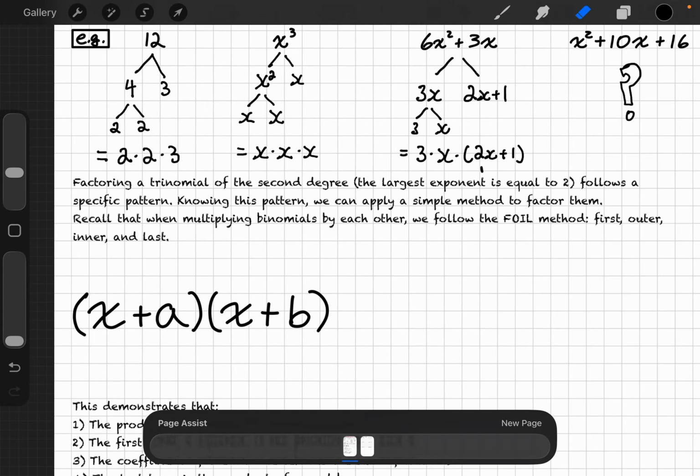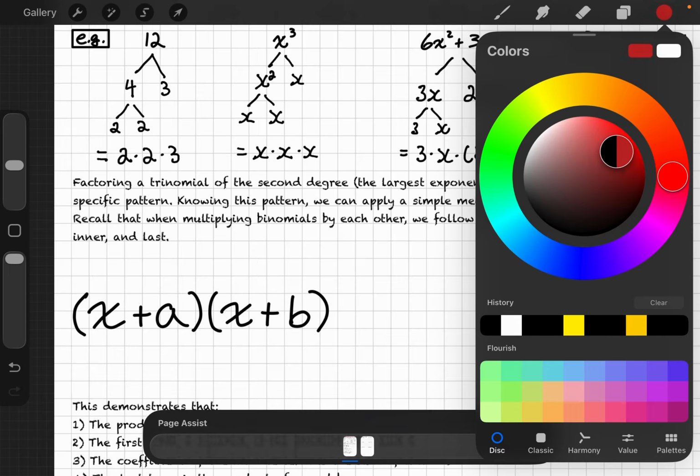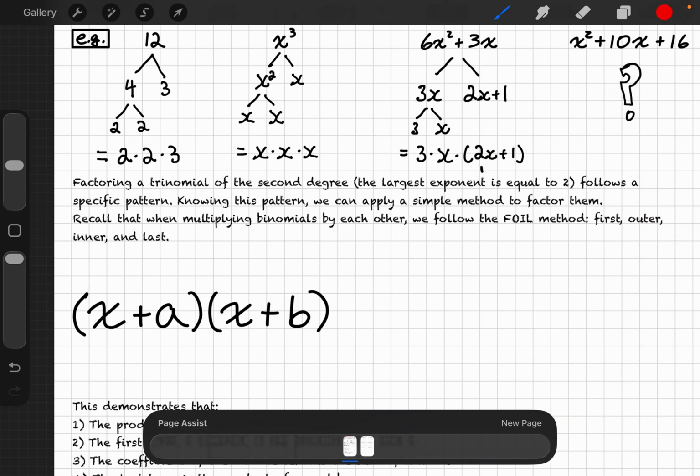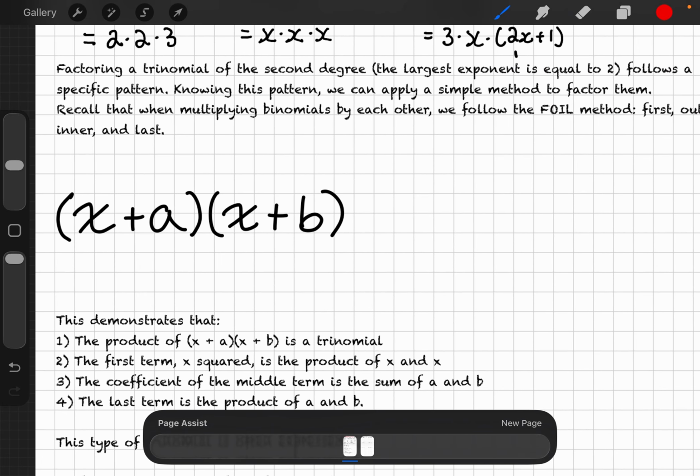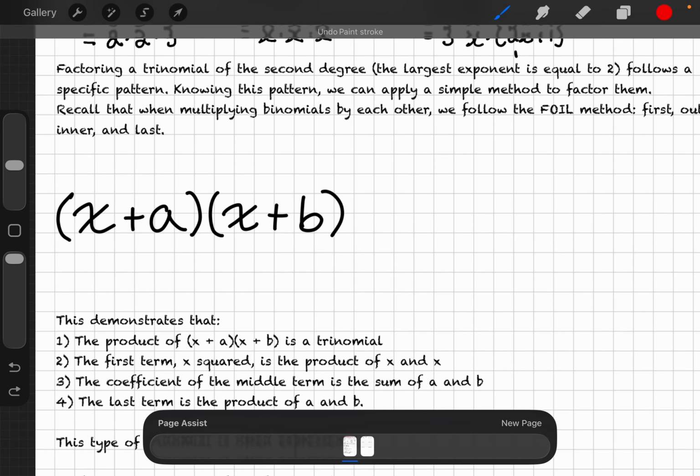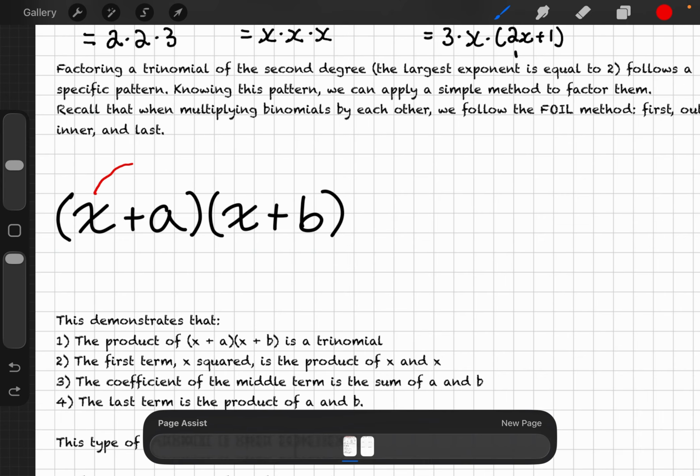So here I will use different colors to represent this FOIL method. So when we are multiplying these two together, we multiply first x and x. This is first. This is the F of FOIL.